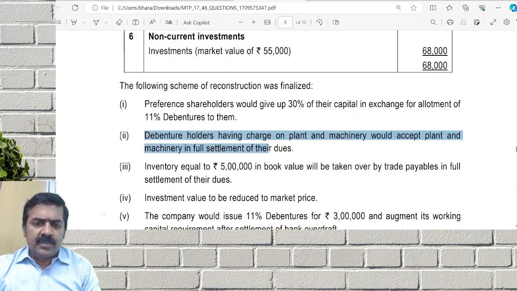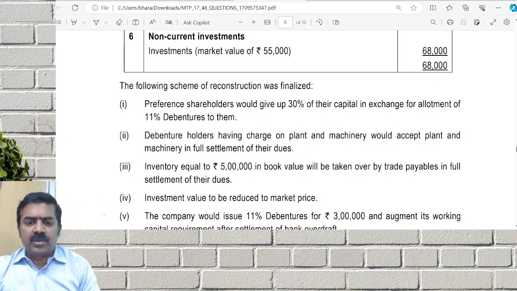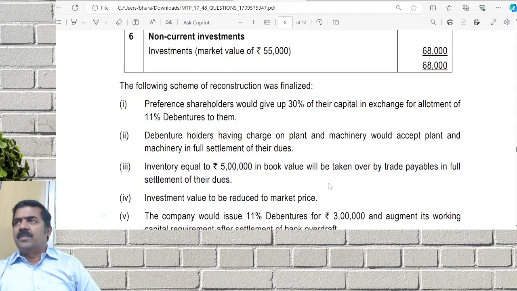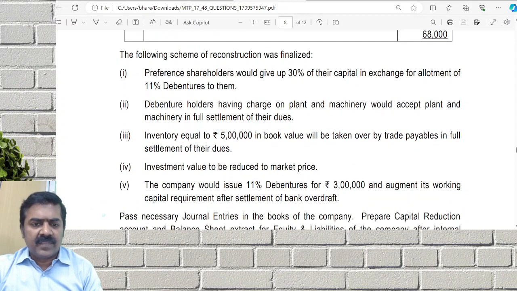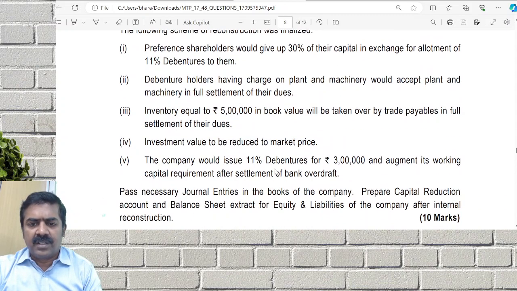Debenture holders take over plant and machinery; there is no gain or loss there. Inventory is also taken over by trade payable; there is no gain or loss there. Investments will be reduced to market price. There is a loss you have to recognize in the capital reduction account. 11% debentures will be issued for working capital requirement. Pass necessary journal entries.